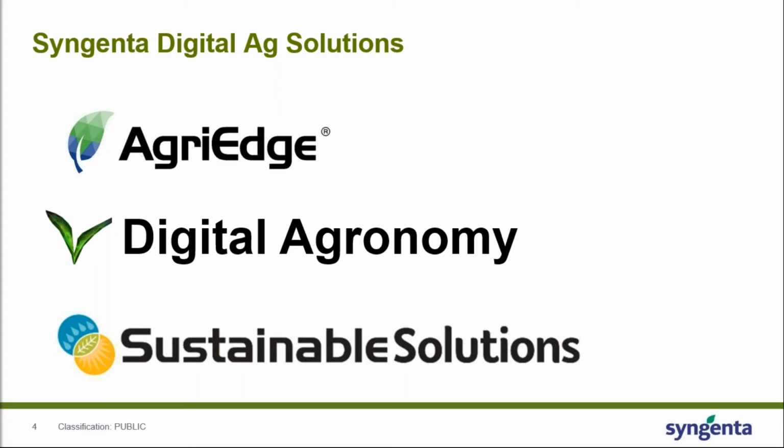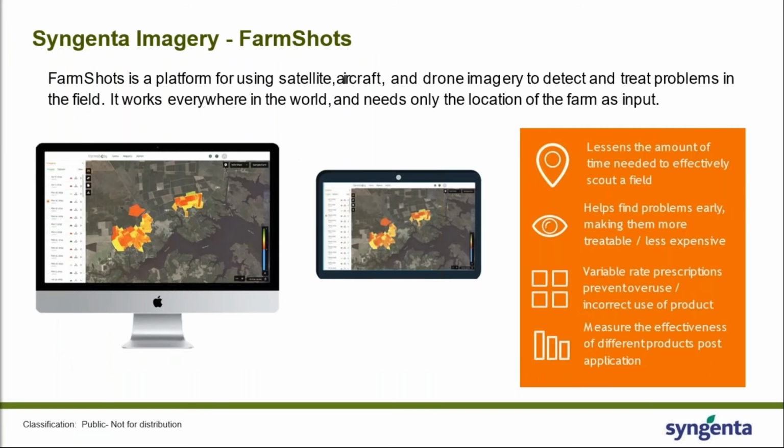So with that, I wanted to just mention real quickly around the digital agronomy piece. Outside of our drone scouting solution, we do have an additional imagery offer that actually plays into our drone scouting offer currently. And so I just want to touch on that real quickly, just so you can see how, when we talk about integrating and bringing solutions together, this is one area that we are doing that.